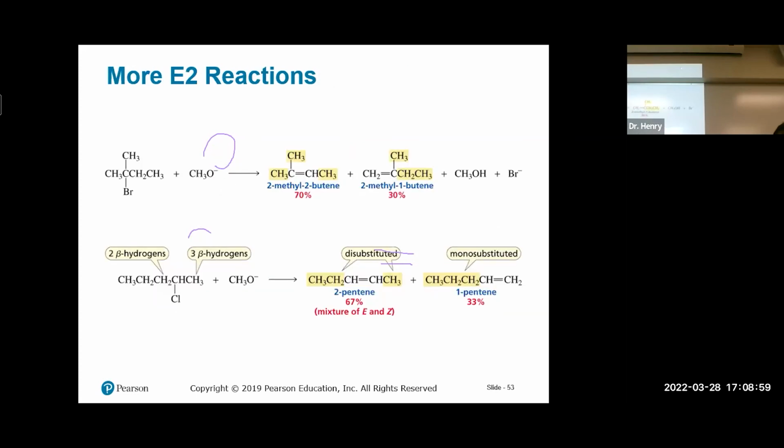Okay, so here's an example of another reaction we're just looking at. Sorry, an E2 reaction, not SN2, an E2 reaction. And why is it called an E2 reaction?